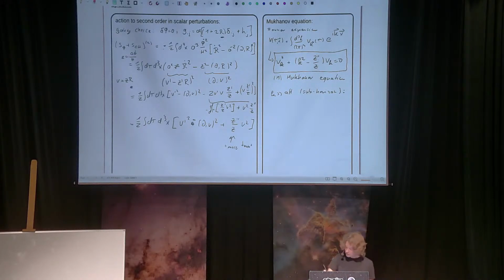If you use slow-roll approximation, you can do this as an exercise, it's about one line, you get roughly 2a²H². So k much larger than aH means that we can drop this effective mass term and we just recover free oscillation.